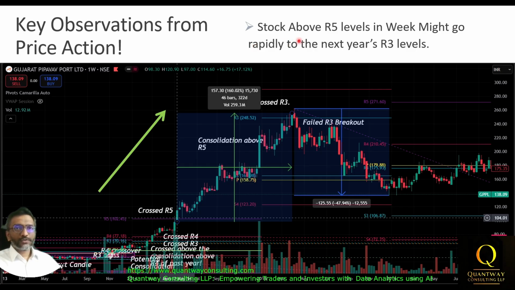We saw that a stock above R5 levels in the week might go to the R3 levels in the next year. So R5 crossover went to the R3 levels in the next year. We saw that there were around 160% gains in just 322 days.